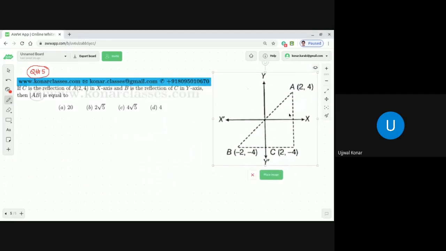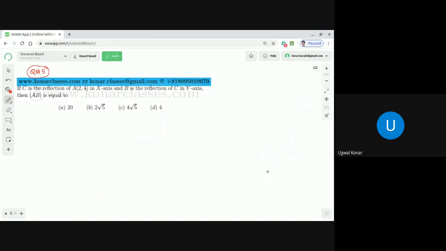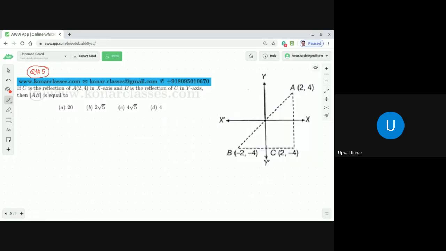If you look into the adjoining diagram, dear students, the point A has this coordinate (2, 4). Here is the point A in the first quadrant.